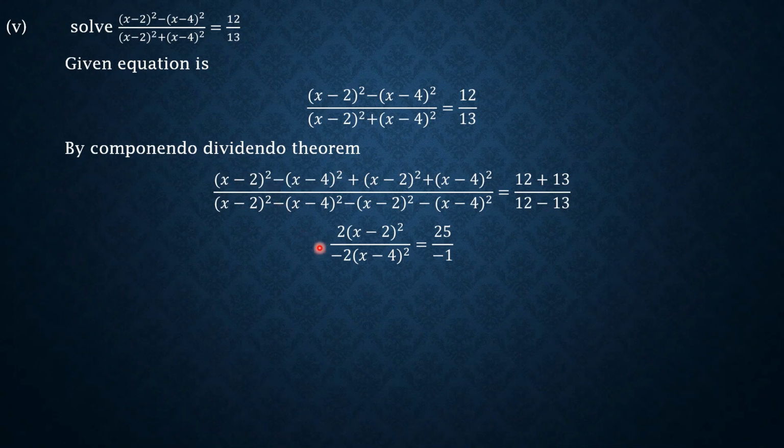In the denominator, the same case is that x minus 2 whole square minus x minus 2 whole square will be cancelled by each other, and we have minus 2 times x minus 4 whole square in the denominator. Now 12 plus 13 is equal to 25, and 12 minus 13 is equal to minus 1. So we have the resulting fraction as 25 over minus 1.